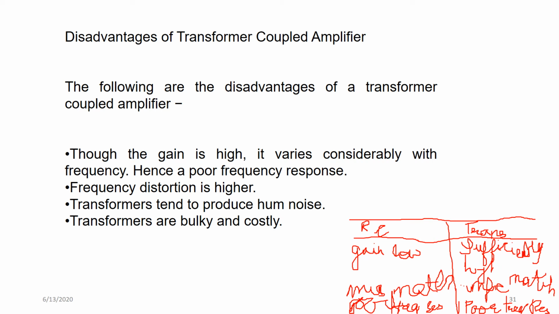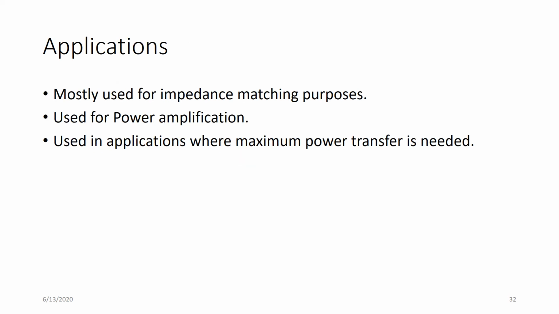Fine. Next, applications: transformer coupled is mostly used for impedance matching purpose, used for power amplification, whereas the RC coupled amplifier is just a voltage amplifier.